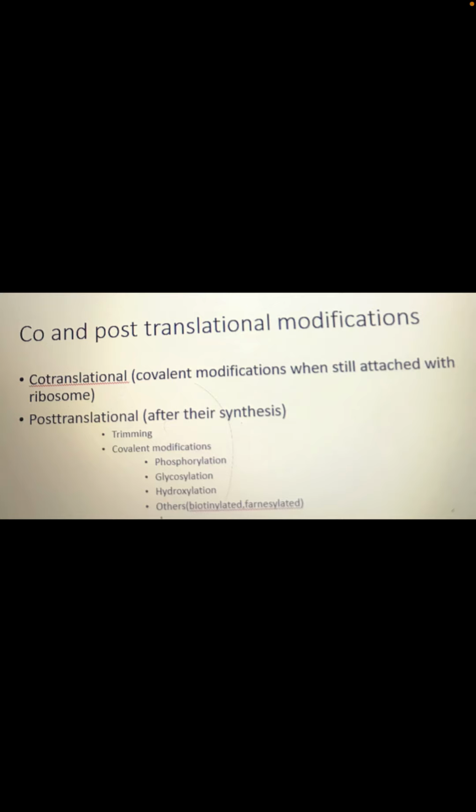Trimming is just the cutting of different areas of the protein so that it may fold into different shapes and go to their destination, while covalent modifications involve the attachment of different chemical substances or chemical structures to that particular protein to define its destination.